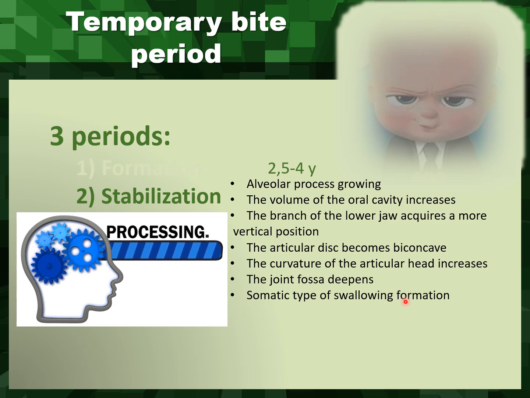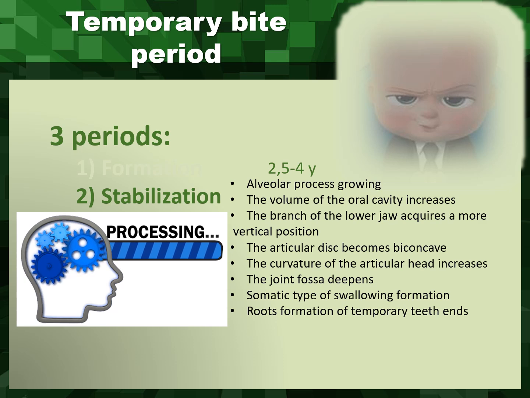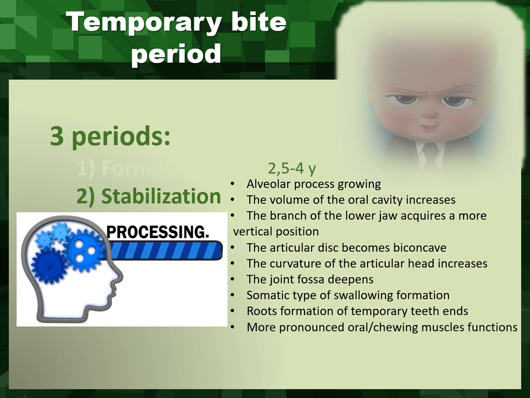So the same signs like in the formation bite period, but what are the differences? Root formation of temporary teeth ends. And more pronounced oral and chewing muscle function, because the child begins to chew.